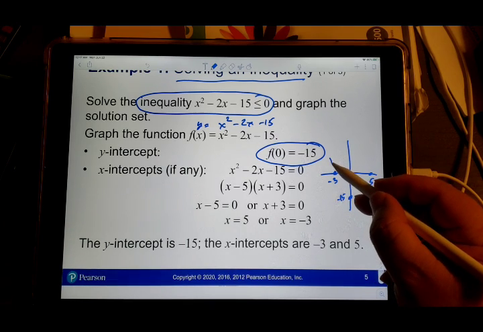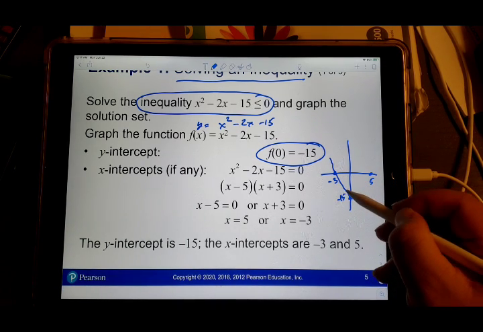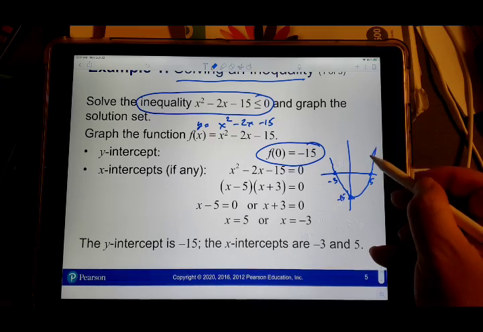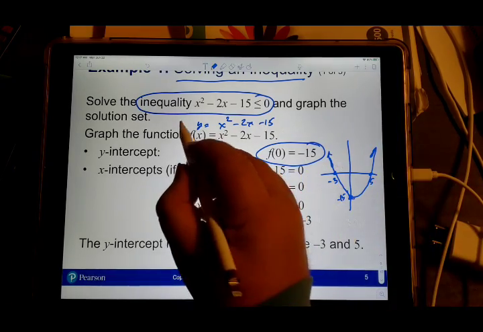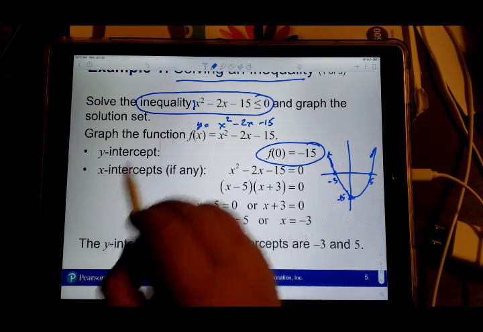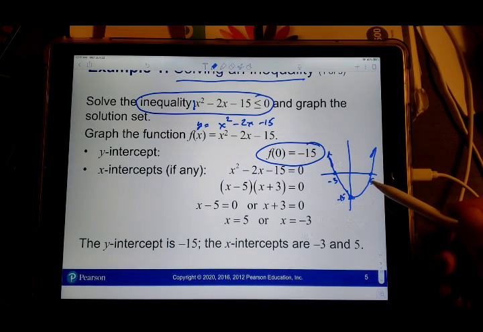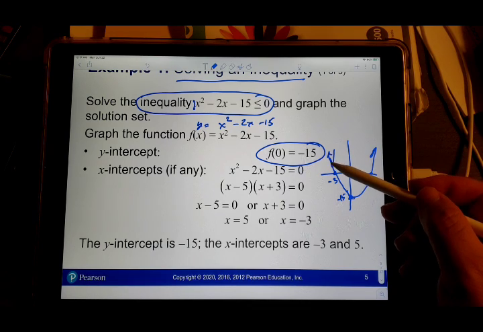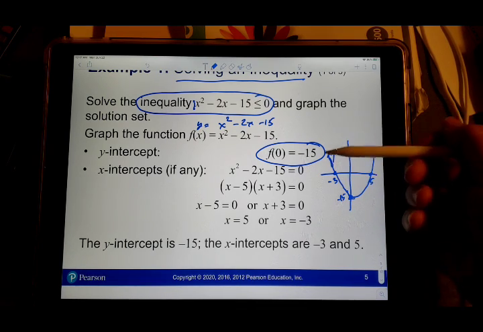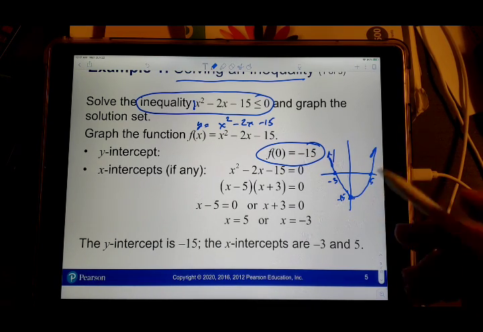I already have more information than I need to know the graph is going to go like this, because I knew the lead coefficient was 1, a positive number, so I knew where the graph was going to be above the x-axis and below the x-axis.